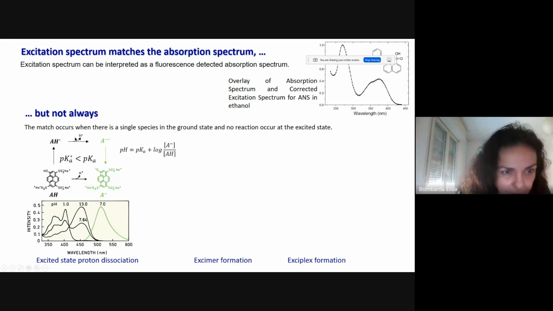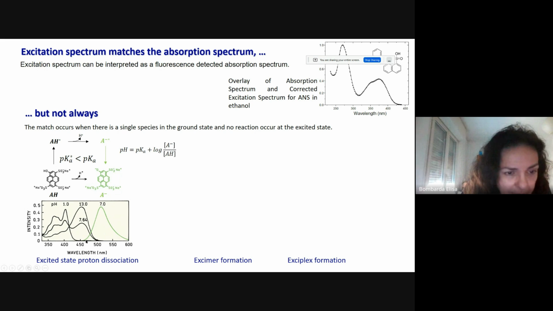The pK in the excited state is lower than the pK in the ground state. Let's say if this is 7, that will be 4 or something like this. Okay, so this is what happens.